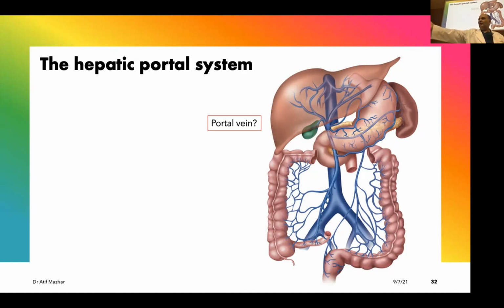So any ordinary vein does this? Okay. Can you speak loud?